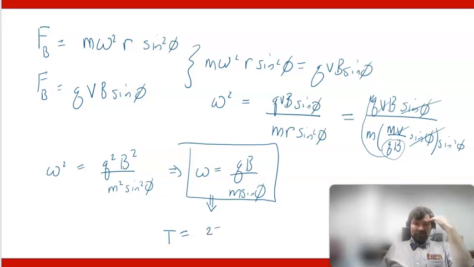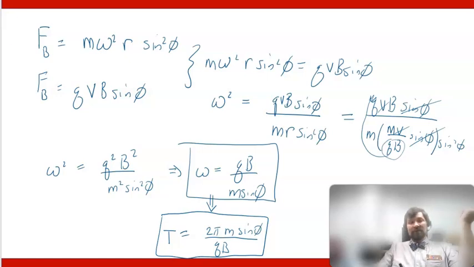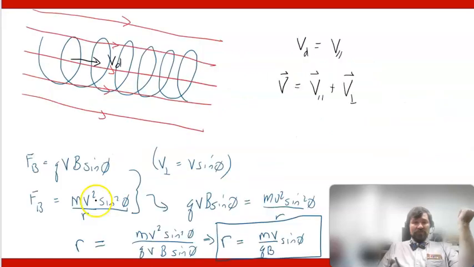So you'd end up with 2 pi m sine phi divided by qb. This is the period of the cycle, called the cyclotron period. This over here is called the cyclotron radius.